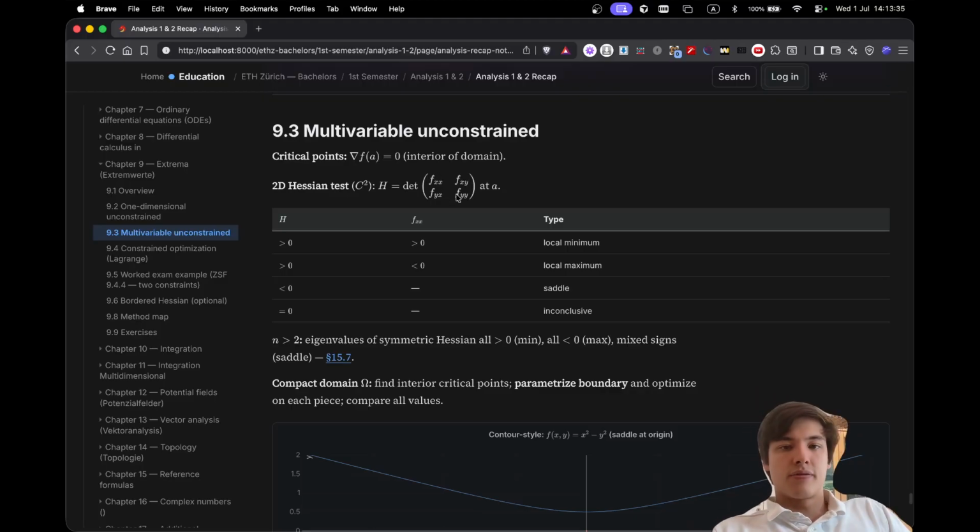So we can see if this times this minus this times this, right? So if it's positive, then it means this times this is positive.